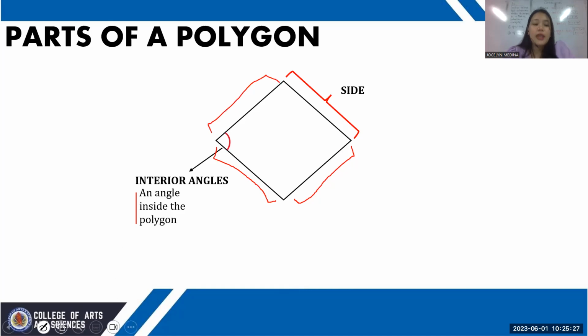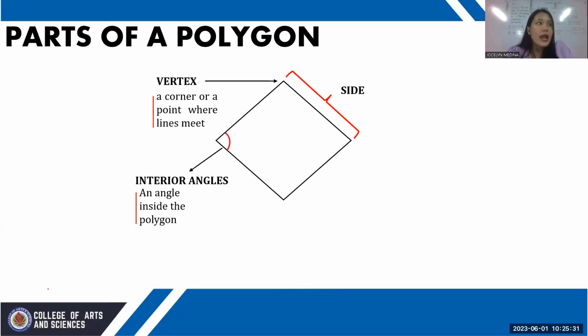Okay? Next, we have what we call vertex. Ang vertex, anak ko, it connects two consecutive sides. Pag sinabi natin consecutive, magkatabi. So, for example, this first side, and then we have this second side. Yung point na nagkonekta sa kanila is what you call your vertex.